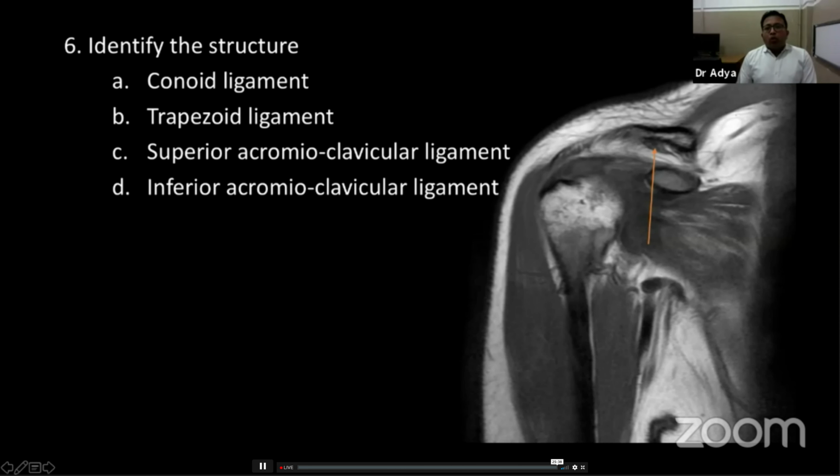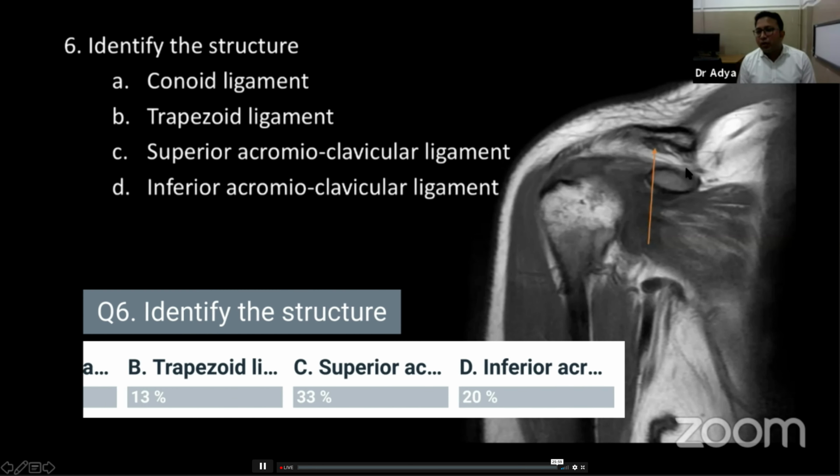Okay. Let us identify some normal anatomical structures. Here is the coracoid process, and this is the clavicle. This is a hypointense band extending from the coracoid process to the clavicle. This is the coracoclavicular ligament.